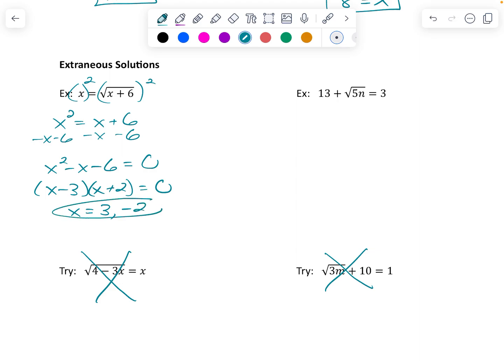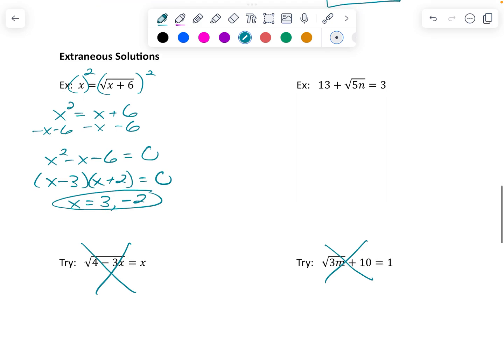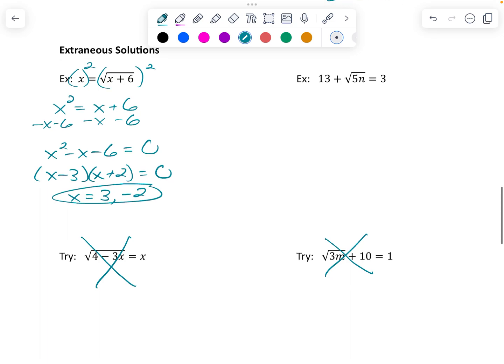So we think we're done, but when we have situations like this, you should always check to see if they're a legitimate answer. So let's check by plugging back into the original. 3 equals the square root of 3 plus 6, which is the square root of 9, which is 3.